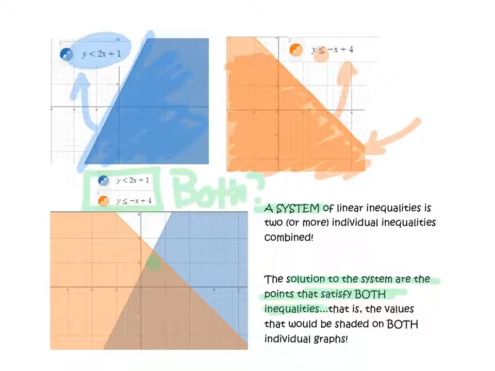These points right here are shaded blue and orange, which means they're solutions to the blue inequality, and they are solutions to the orange inequality. So we are looking for the overlap of those shaded regions. Again, they would be shaded on both graphs. So in other words, if we put them on the same graph, where would they overlap?